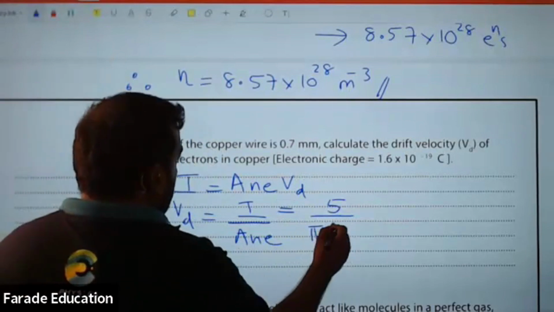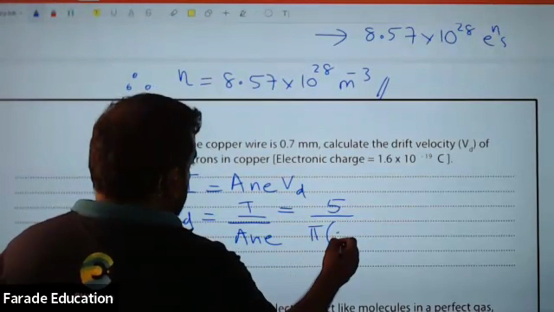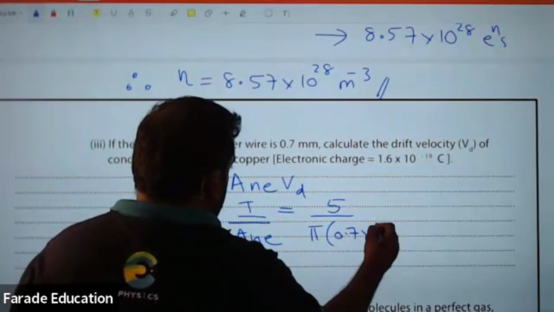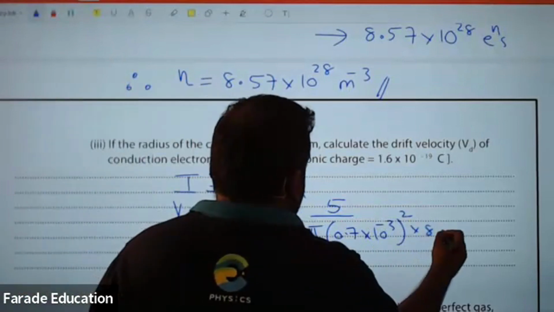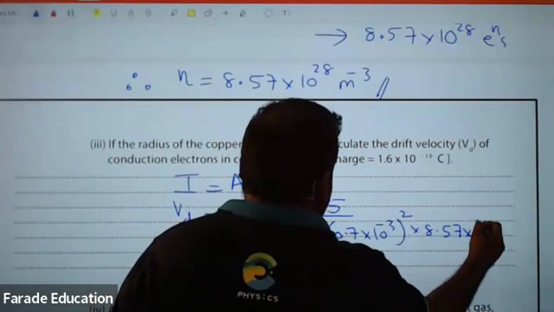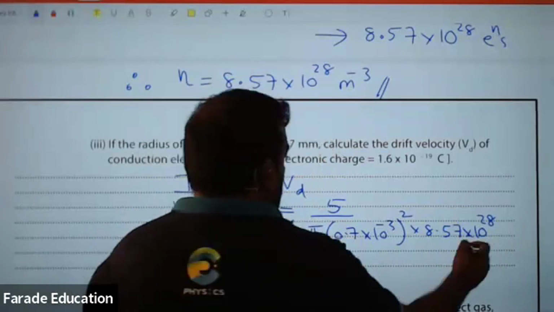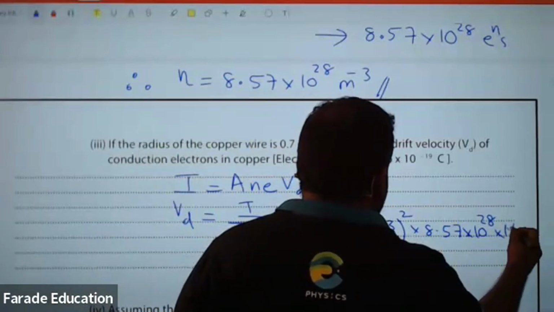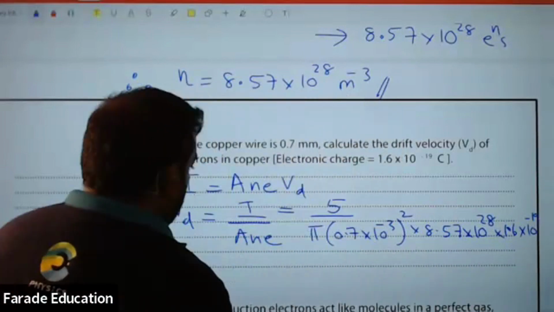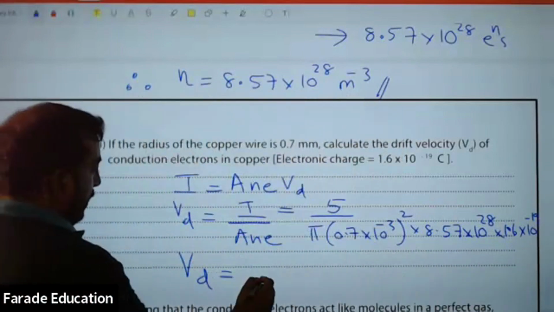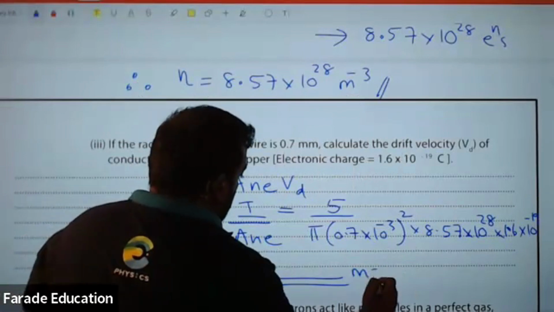Cross-sectional area is pi r squared, radius is 0.7 millimeter, converted to meters. n is 8.57 times 10 to the power 28. Charge of electron is 1.6 times 10 to the power minus 19 coulomb.